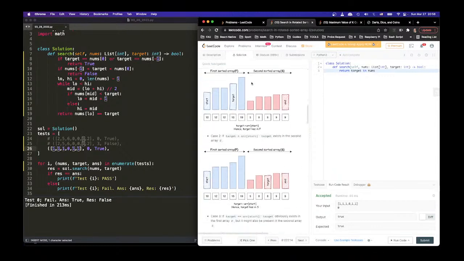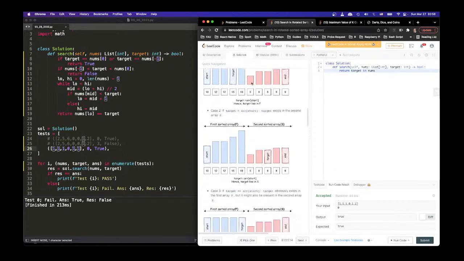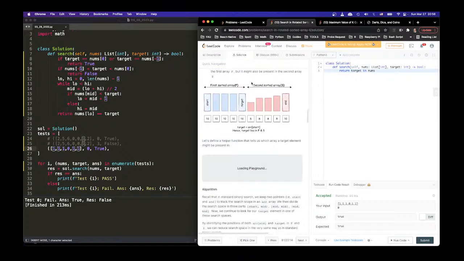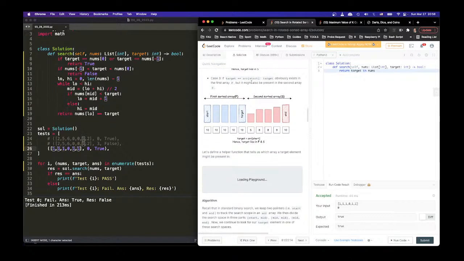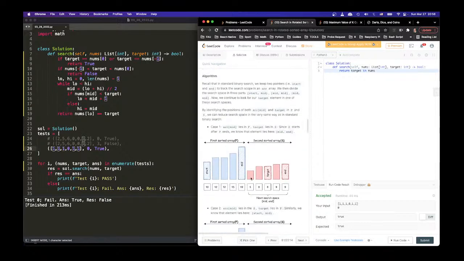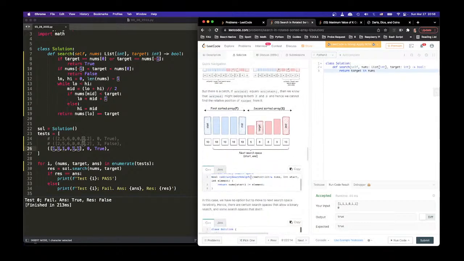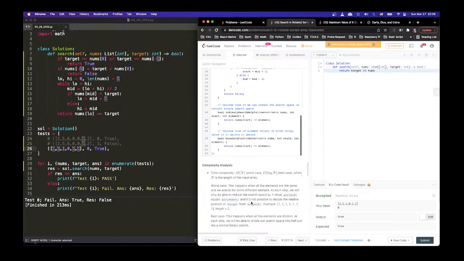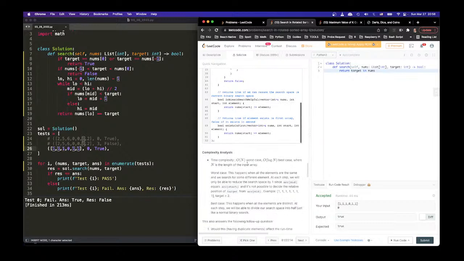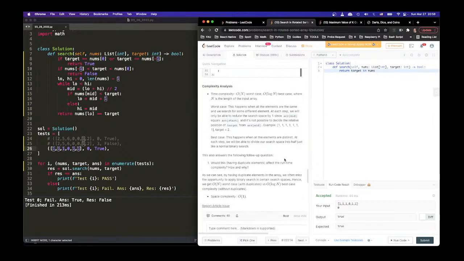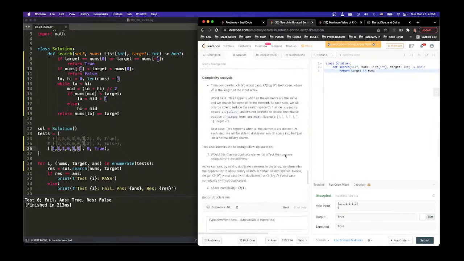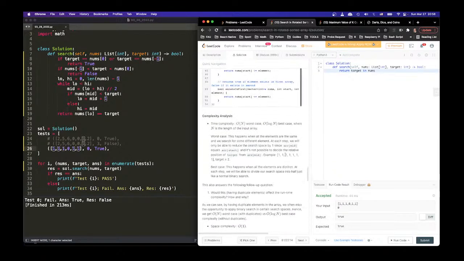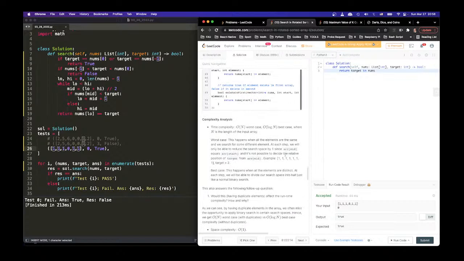Binary search. O(log n) in the best case, and O(n) in the worst case.